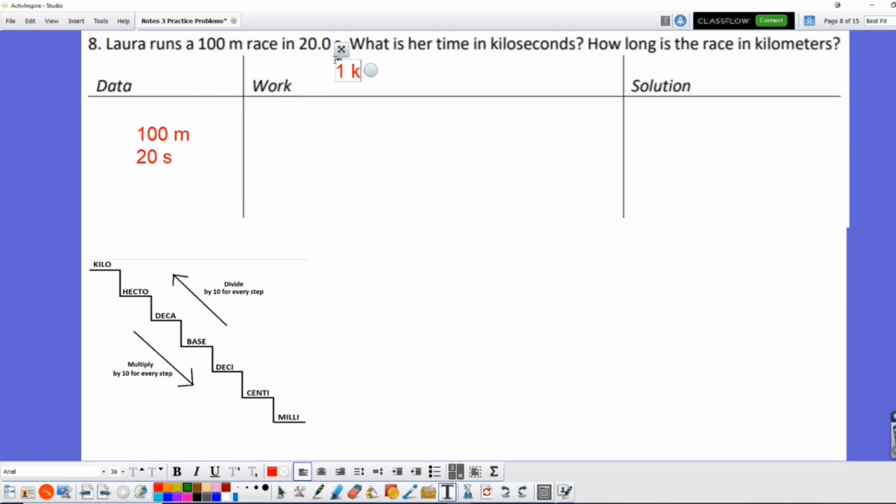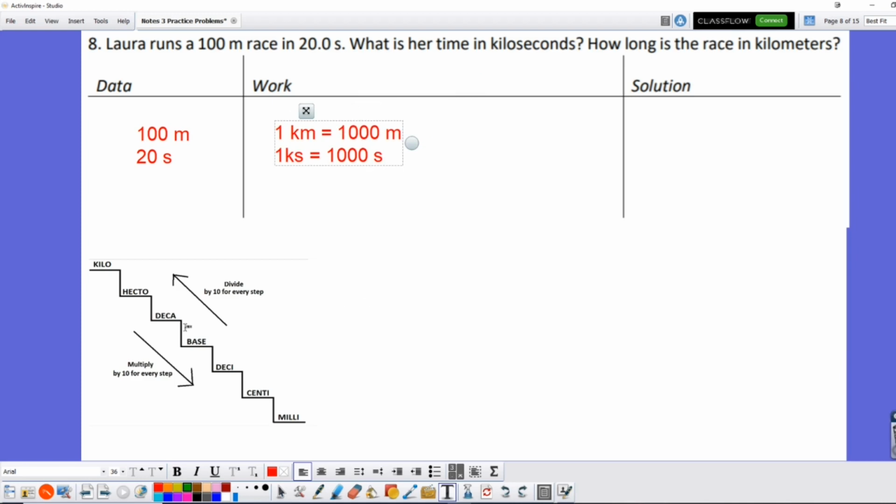kilo unit, let's say 1 kilometer, that is going to equal 1,000 meters, or 1 kilosecond is going to equal 1,000 seconds. And so you can see the pattern here is that 1 of the kilo is equal to 1,000 of whatever you're measuring, right? And this can be applied to anything.